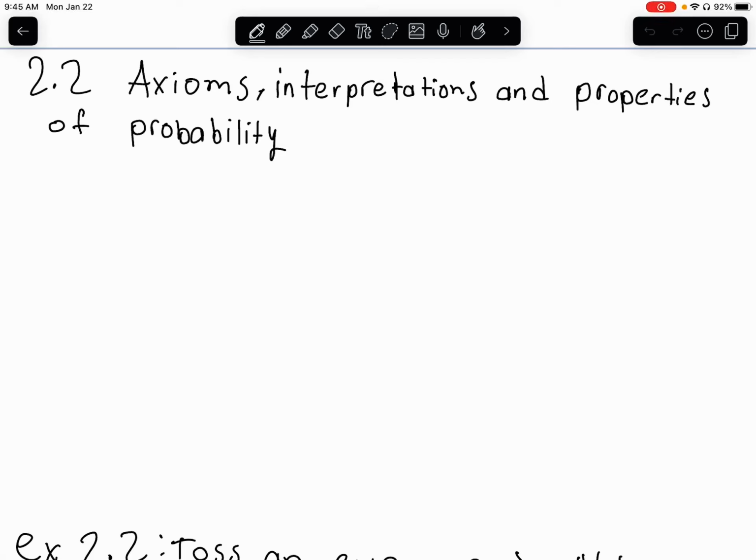Alrighty, so today we're going to go over 2.2, axioms and interpretations of properties of probability. As we write down, I'm going to write a couple of notes.